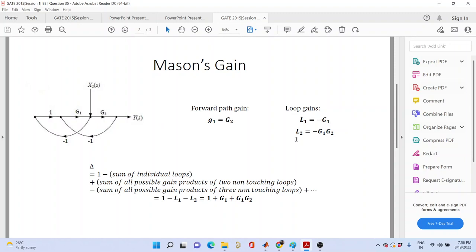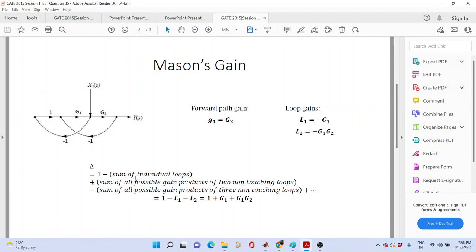Now we have listed out the loops, the loop gain, that is G1, G2 into minus 1. So minus of G1 G2, and the loop 1, that is minus of G. So now first we have listed all this. Then we define a term delta, which is equal to 1 minus sum of individual loop gains, and then plus sum of, but all these terms will go to 0.